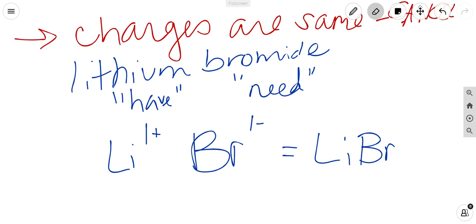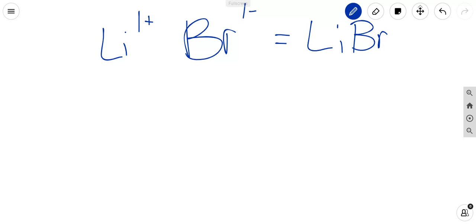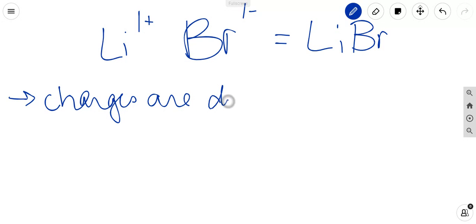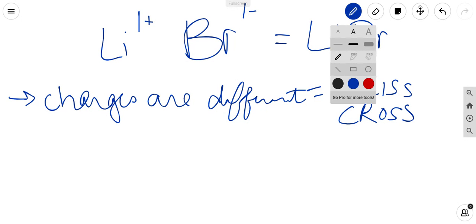Then we looked at what to do when charges are different. Remember, you can pause these videos at any time. When charges are different, we used the shortcut called crisscross, where we took the charges and we drug them in diagonal directions.